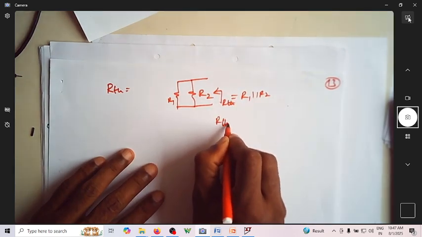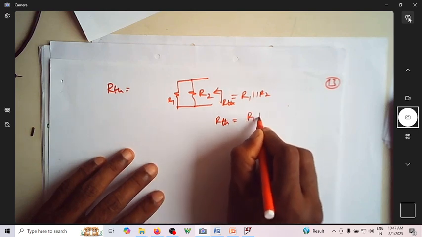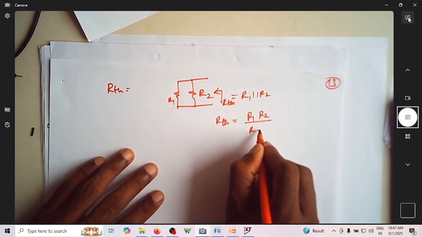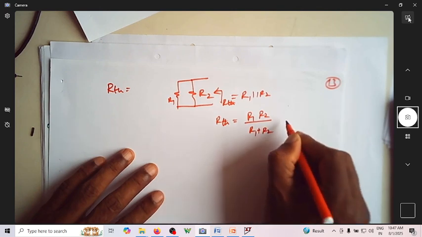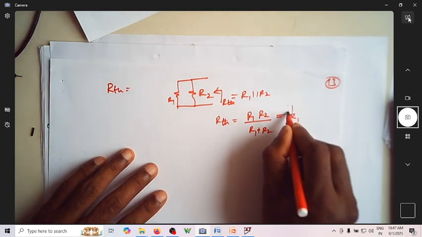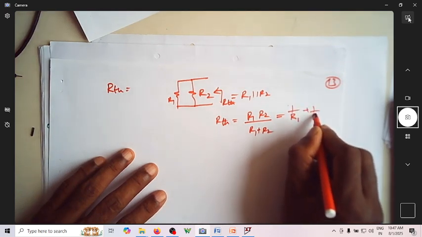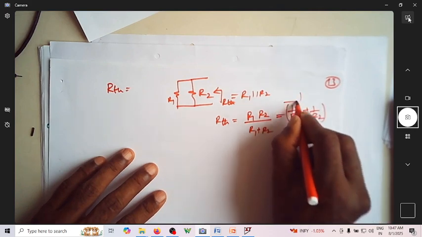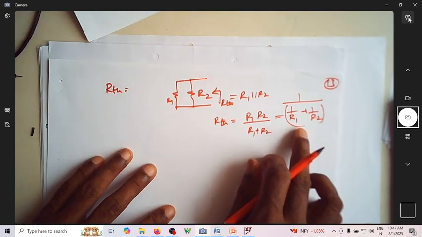So R Thevenin is R1 R2 by R1 plus R2, or this is also equal to 1 over, 1 over R1 plus 1 over R2, whole inverse, correct?